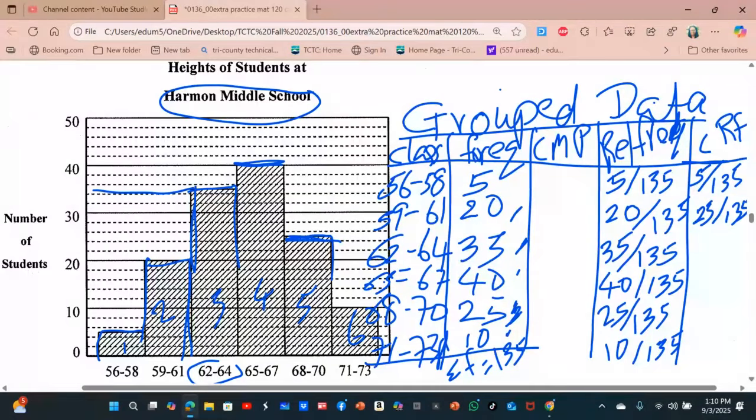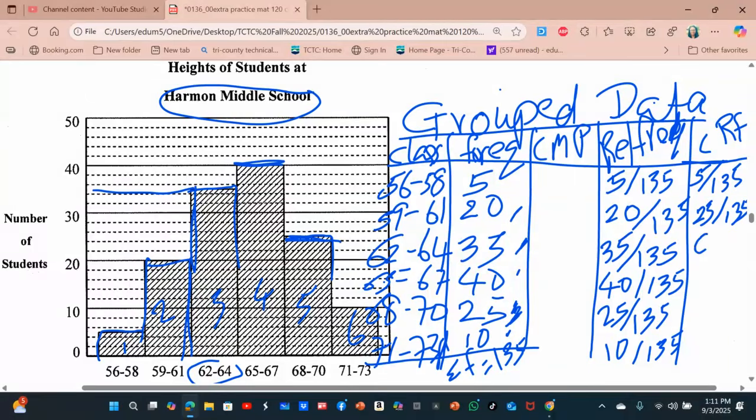The cumulative relative frequency of the third class is the frequency of the third class plus all the frequencies above it. So the relative frequency of the third class plus that of the second class plus that of the first class. If I add them up, I'll have 60.